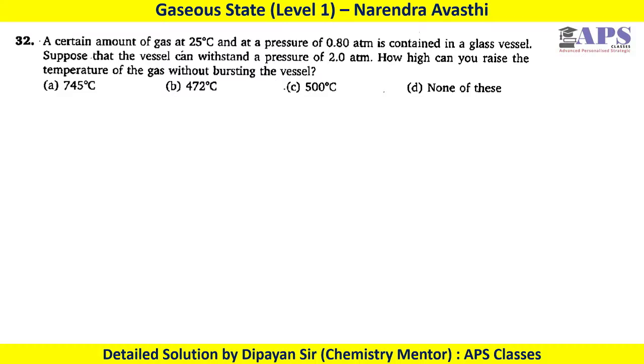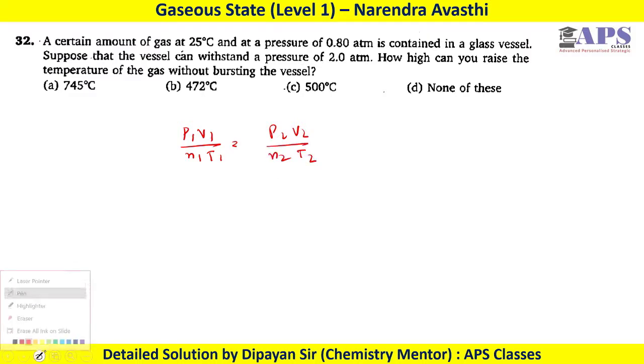So again we can apply P1 V1 by N1 T1 equal to P2 V2 by N2 T2. In this case number of mole is again constant, so N1 N2 will cancel. For vessel kind of question, volume is constant, so V will cancel, so finally we will get P1 by T1 equal to P2 by T2.